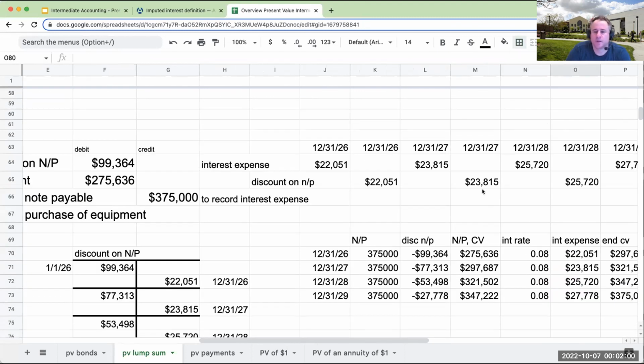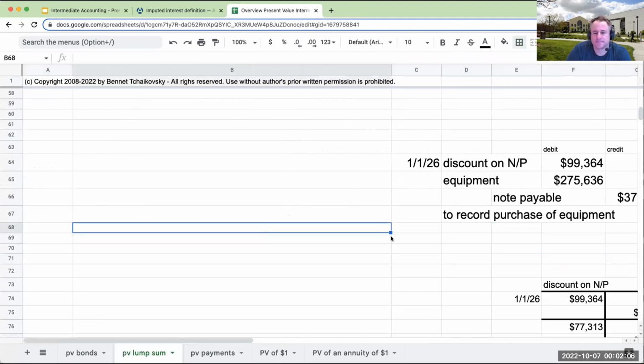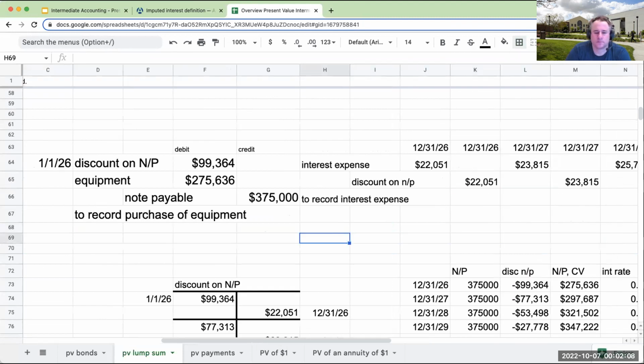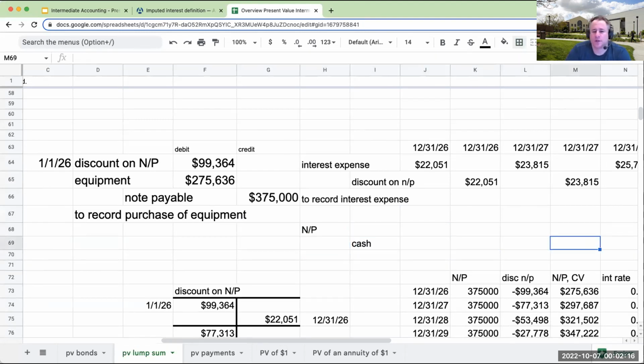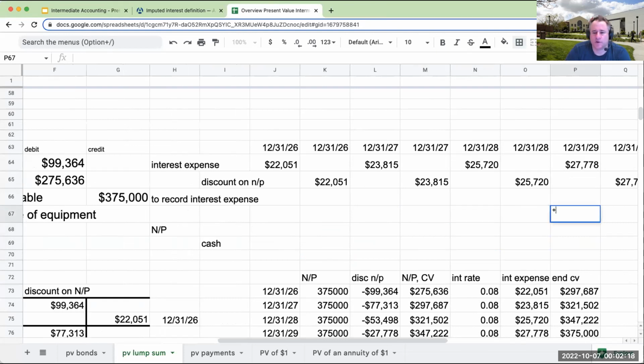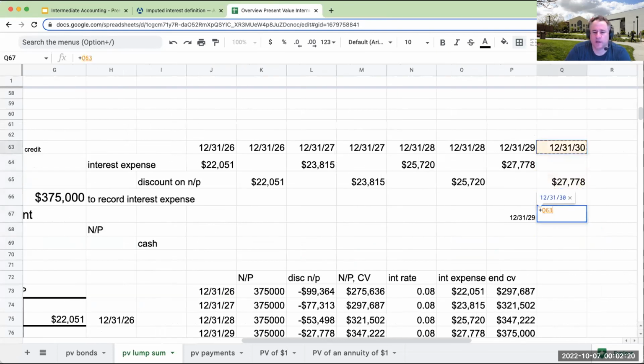Okay, so basically to record the note, I'm going to debit notes payable. I'm going to credit cash. And this is going to be on 12/31/29 when I actually go through and make the payment.